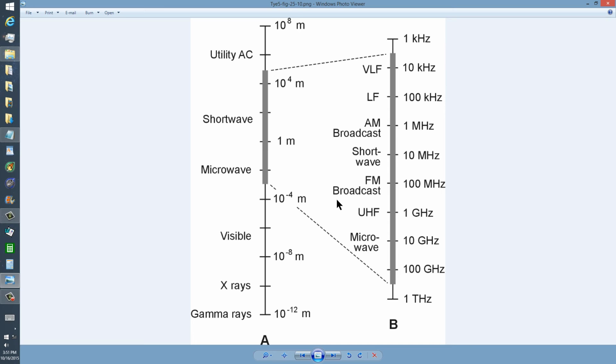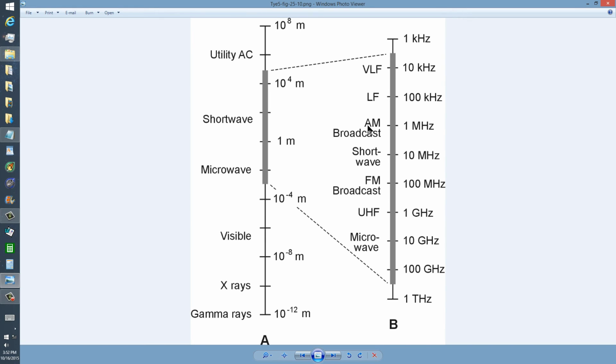So that's how these spectra look in comparison to one another. Actually, our radio spectrum is only a small sliver of the entire electromagnetic spectrum, as seen over here. It's just sort of exaggerated by the logarithmic nature of the scales.